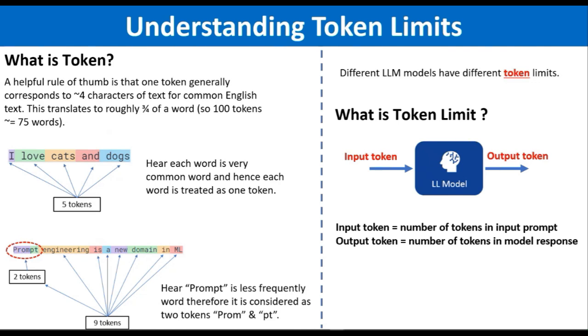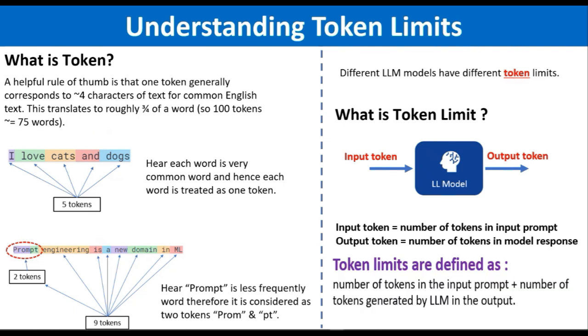So how are these token limits defined? So first of all, what is the total token? The total token usage is the sum of the input tokens plus the output tokens. Anything exceeding this limit will truncate the input or stop the response generation process from the model.